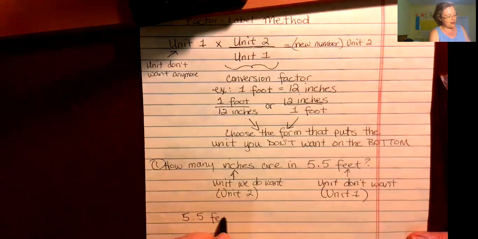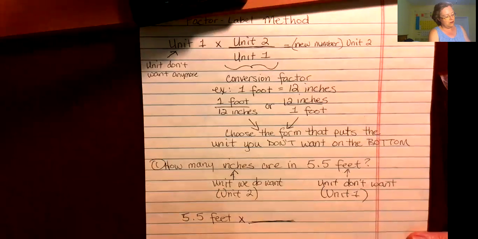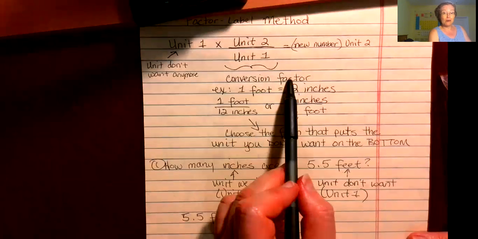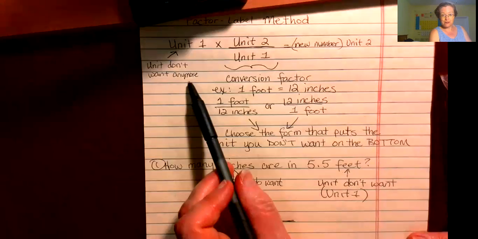Then you do times and a line. Here is where we're going to use what's known as a conversion factor. A conversion factor is going to be my gateway to get from the unit I don't want anymore to the new unit that I do want.